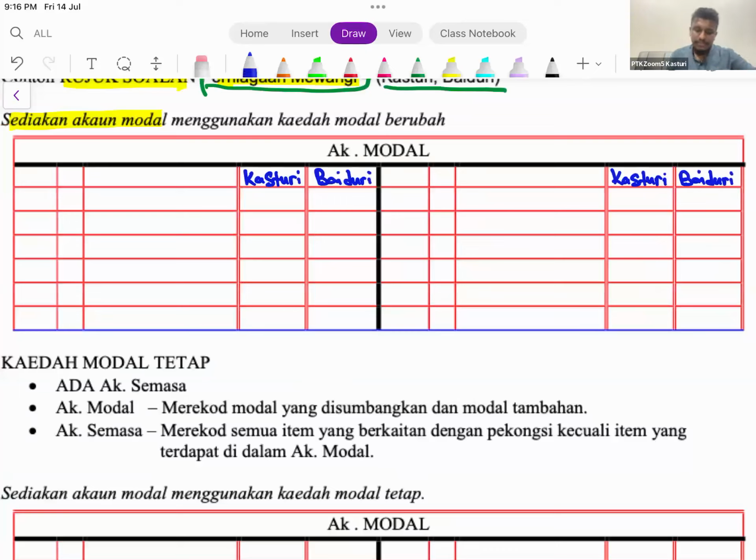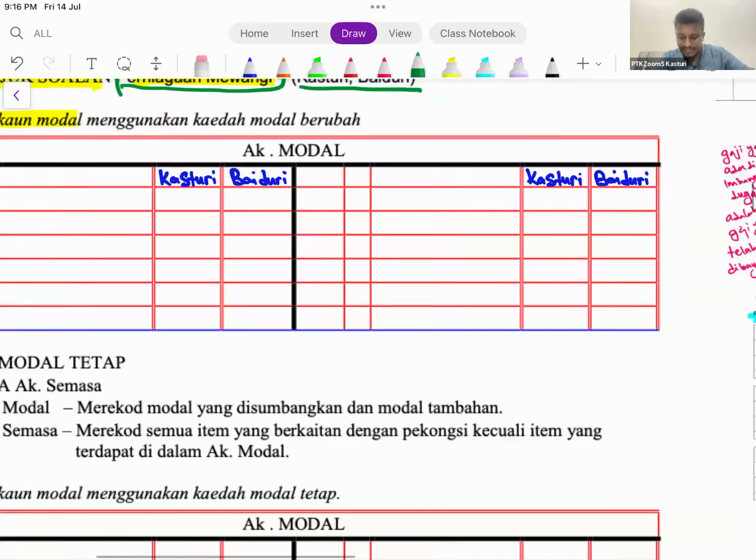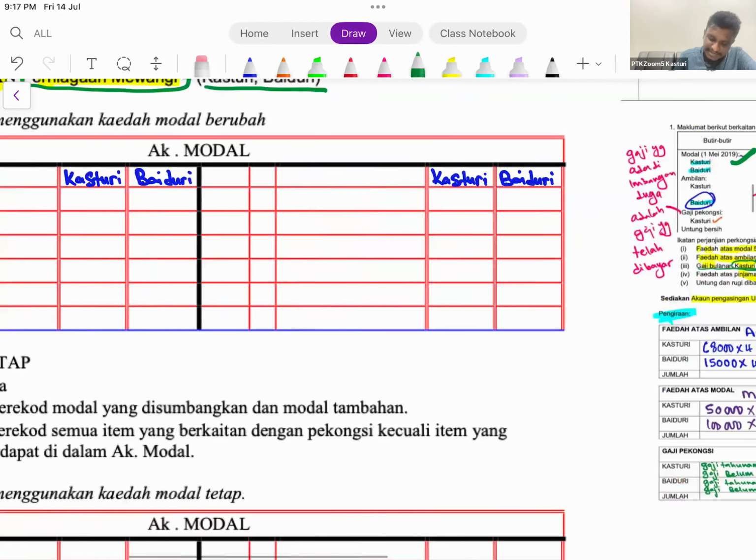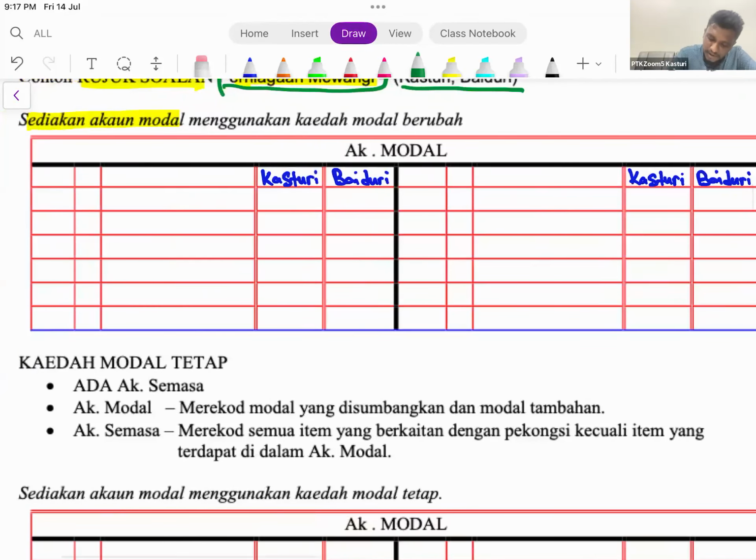Kan? Okay, Kasturi dengan Baiduri ini ada tak baki awal? Can you check? Ada tak baki awal? Check in the question, page number 5, last week question. Yes, pada 1 Mei 2019, Kasturi is 50,000, Baiduri is 100,000. Okay, dan modal baki dia sebelah kredit on 2019 May 1.